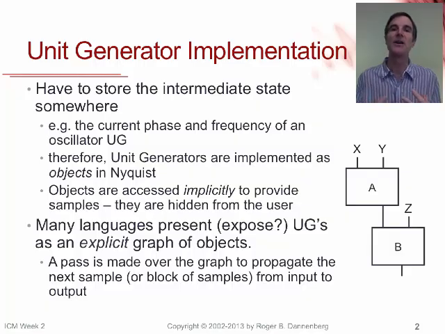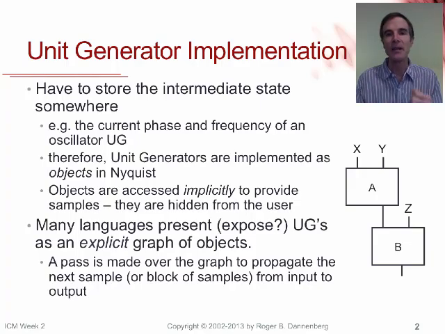These objects are accessed implicitly to provide samples. The objects themselves are hidden from the user. And this is different from most other music programming languages that expose or present the unit generators as an explicit graph that's visible to the user.